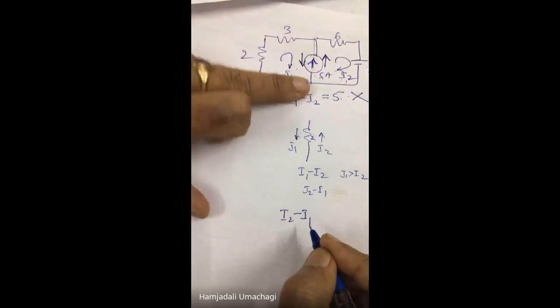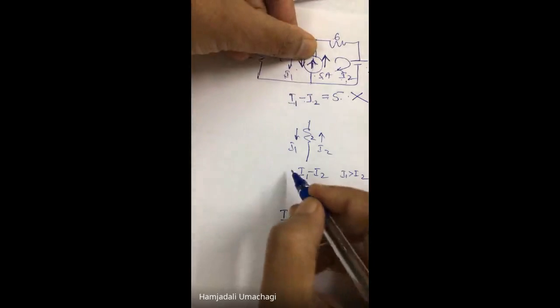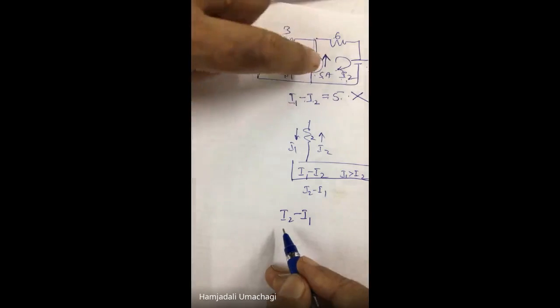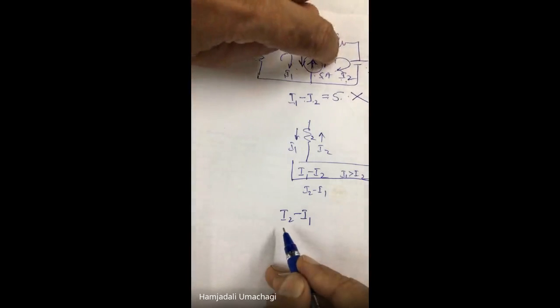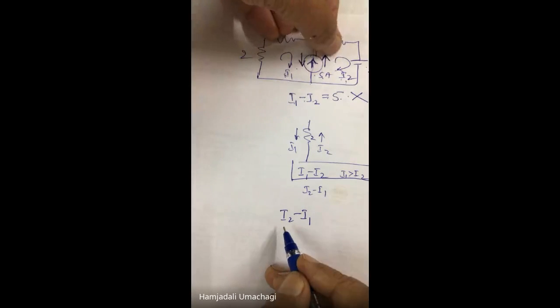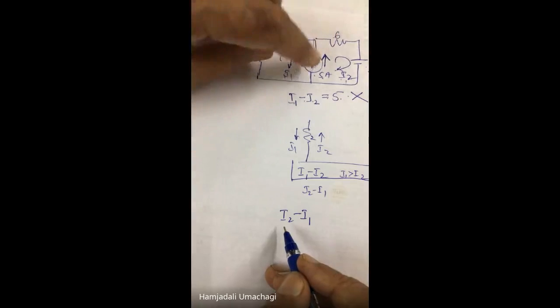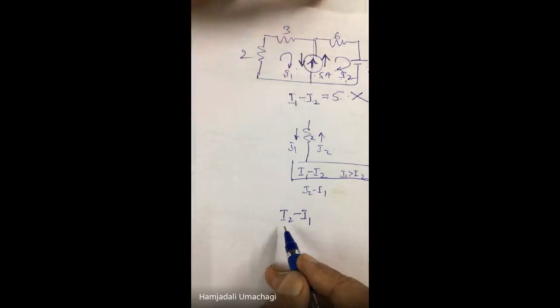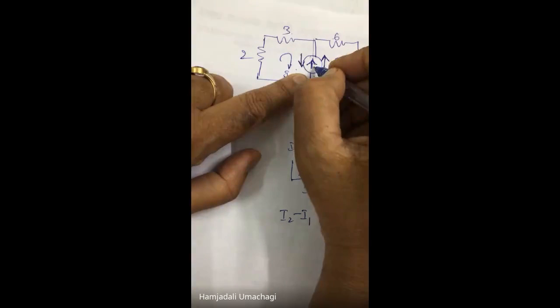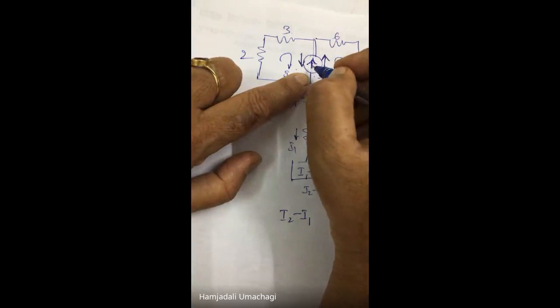What does this direction indicate according to our explanation? See here, it means I2 is greater than I1. Thus, this source is delivering current in the opposite direction. Don't think like that. Just go through the direction of the current source.